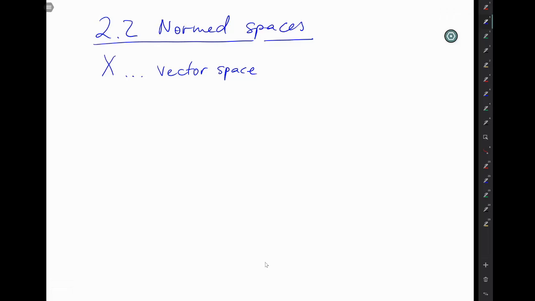So in a vector space you have the set X together with two operations. You have an operation plus that can take two elements of X, that from now on we call vectors, and the result will be another vector, an element of X.